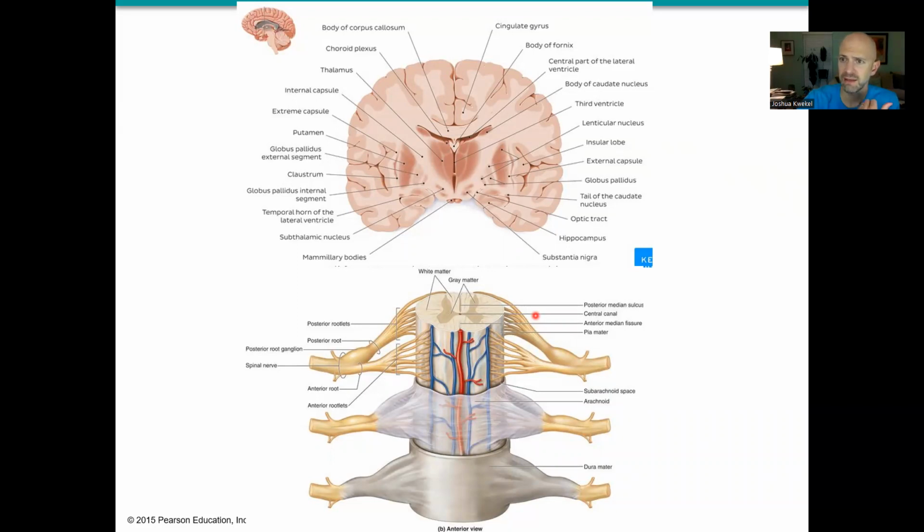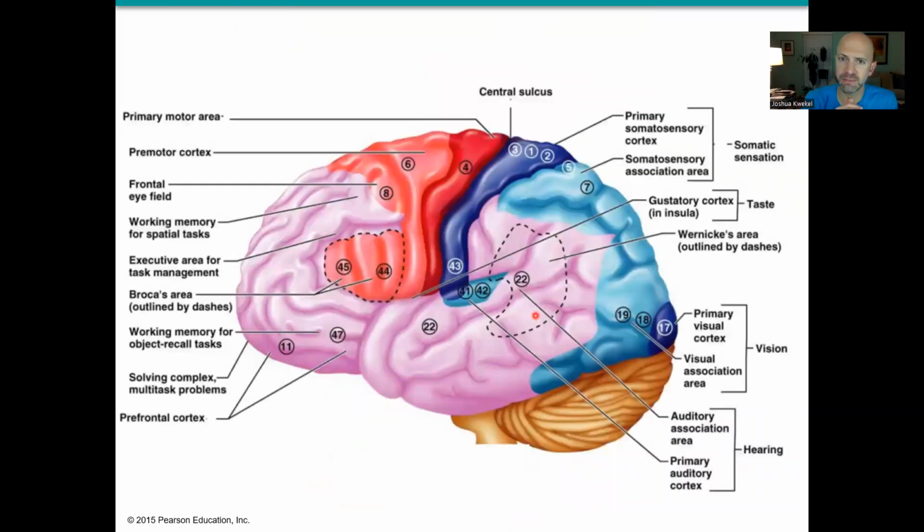So let's bring that to the brain. All of our afferent or sensory information is entering into the back of the spinal cord. That's preserved here. So all of the back of the brain is sensory input. We're receiving afferent data into the back of the brain.